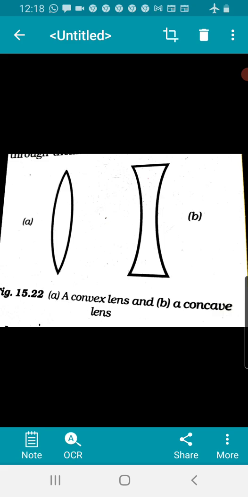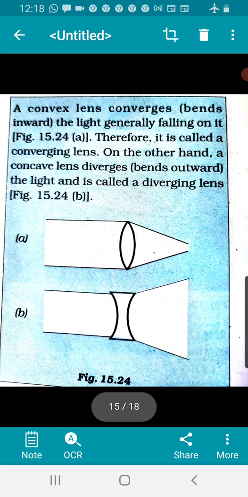Now the next one, the convex lens converges the light generally falling on it. Therefore, it is called a converging lens. On the other hand, a concave lens diverges the light, and so it is called a diverging lens.